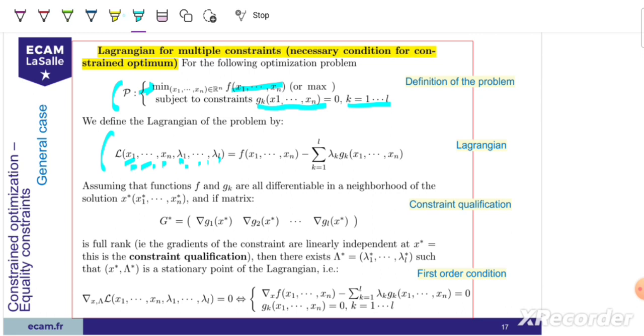If I've got L constraints, I'm going to have L corresponding Lagrange multipliers. So my Lagrangian function is written as f of all your variables minus the sum over all your Lagrange multipliers times the constraints. The difference is that before we only had one constraint, so we didn't have any sum, but now that we have more than one constraint, of course we're going to have sums.